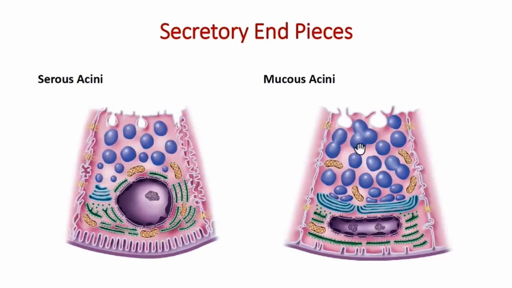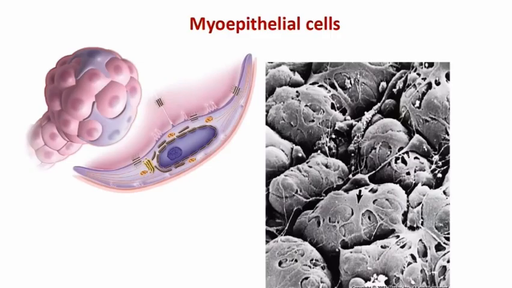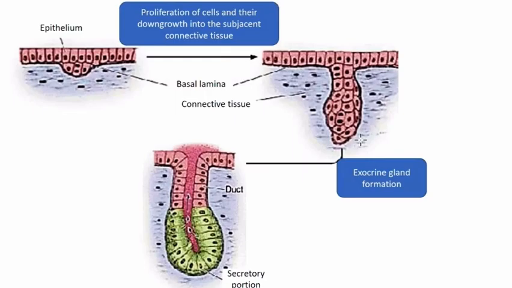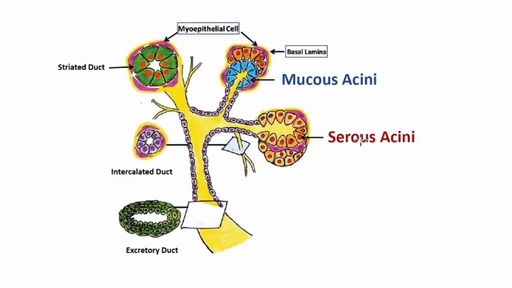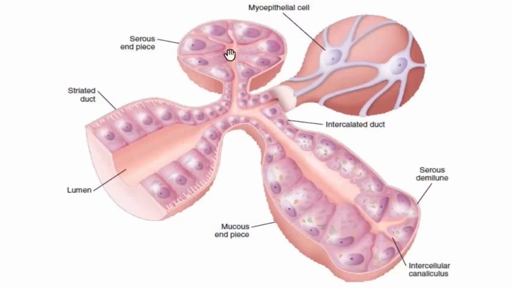Mucus cells are mostly organized in tubules with a cylindrical-like lumen. The lumen of the mucus cells is larger than that of the serous, which is more spherical.